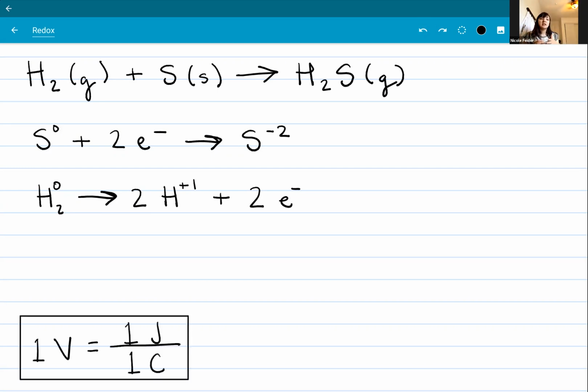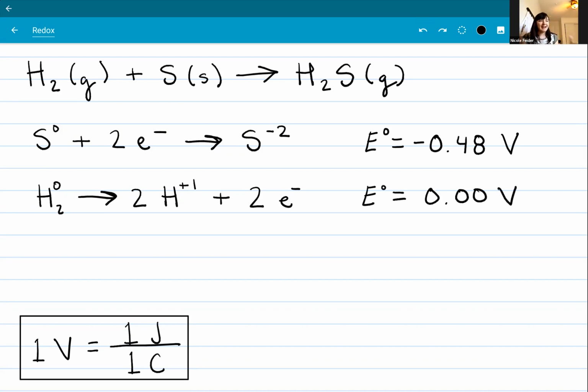Most of these reaction potentials are well documented and can be found in a table somewhere in your book or online, but for simplicity's sake, we're limited to standard reduction potentials, or E0. I found that S0 to S minus 2 has a standard reduction potential of negative 0.48 volts, and that 2H plus to H2 has a standard reduction potential of 0.